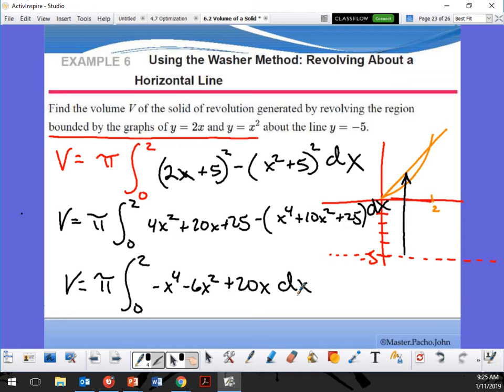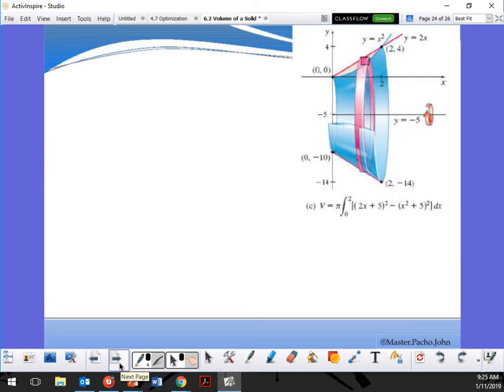Okay, so I'm going to transfer this over to the next one. The volume is pi from 0 to 2, and what do we say? Negative x to the 4th minus 6x squared plus 20x dx. There we go. Okay, so let's go ahead and do my integration for this.